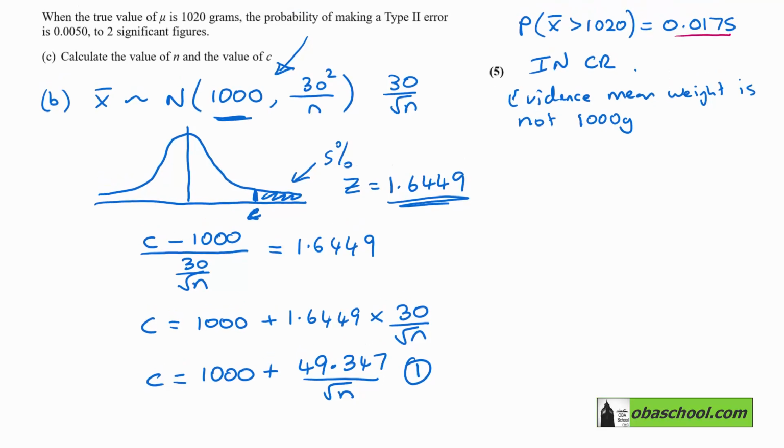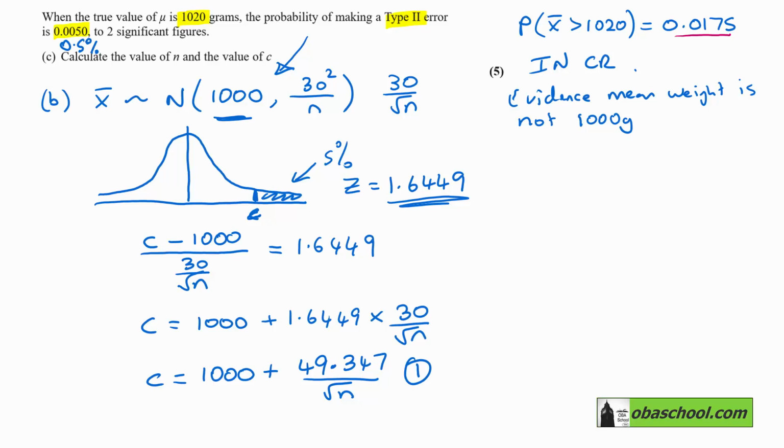When the true value of mu is 1020 grams, the probability of making a type 2 error is 0.0050 or 0.5% to two significant figures. Calculate the value of n and the value of c.